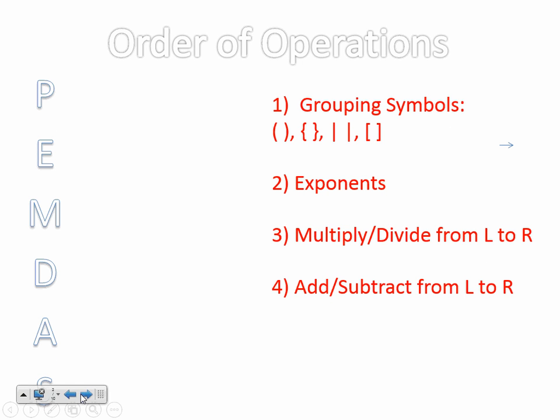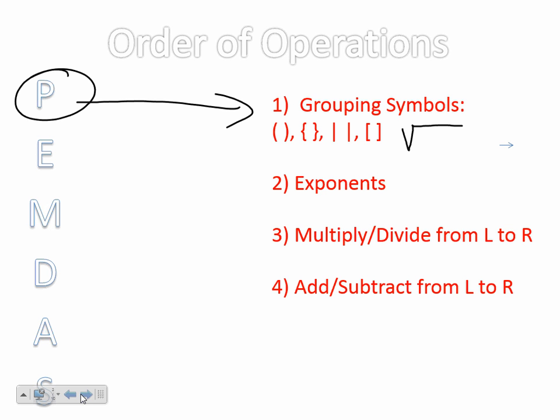So I'm going to explain this more like this. So instead of just P, we now have grouping symbols. So we have parentheses, we have sets, we have absolute value, we have brackets. We also have, what are those called? Square roots. And the actual name of the symbol starts with an R? Radical. Very good. These are radicals, okay? These are square roots, and even a little bit later on in this class, we are going to look at symbols that look like that.